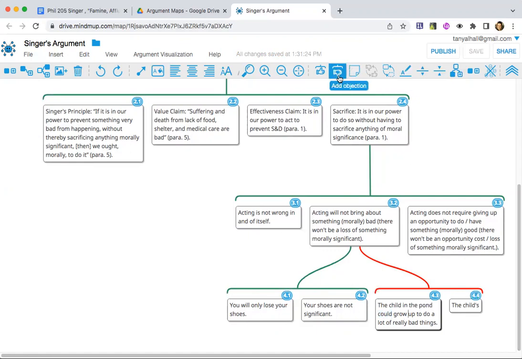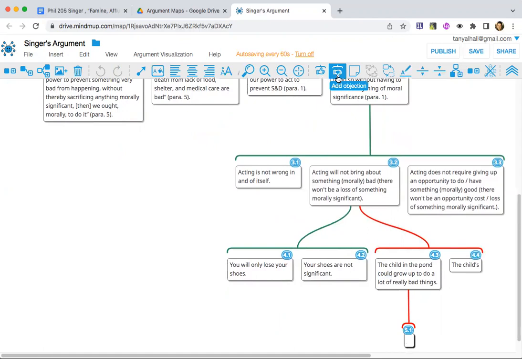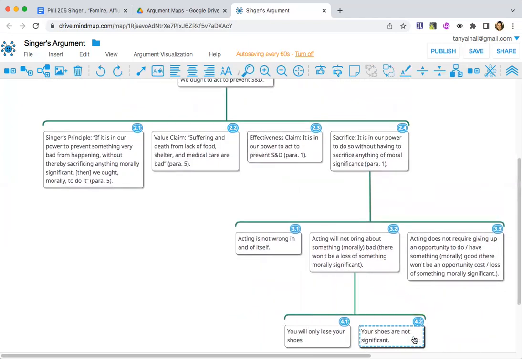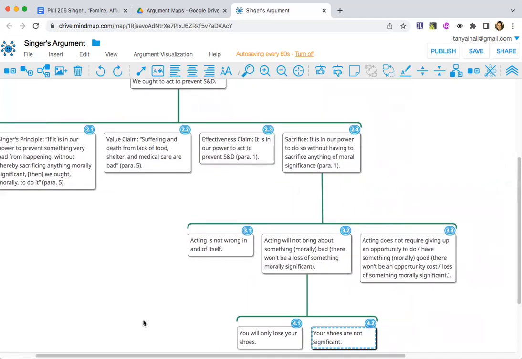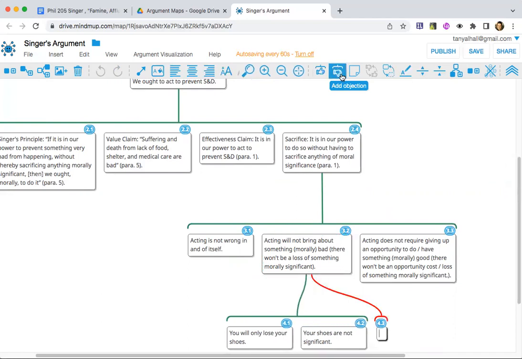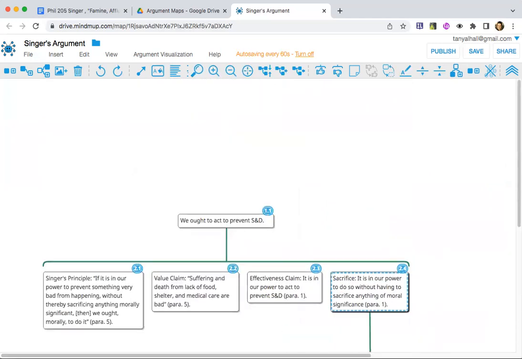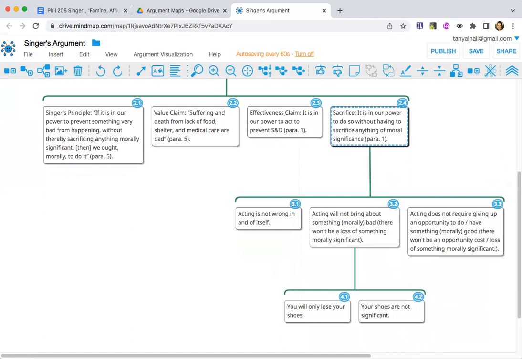If there's no reason to think that it's true, maybe that's not really the most interesting objection here. Theoretical possibility merely. The point is, these are the kinds of things we'd have to think about, and we'd have to rule out there are no such things like that in order to make the claim that we can act without having to give up something morally significant.